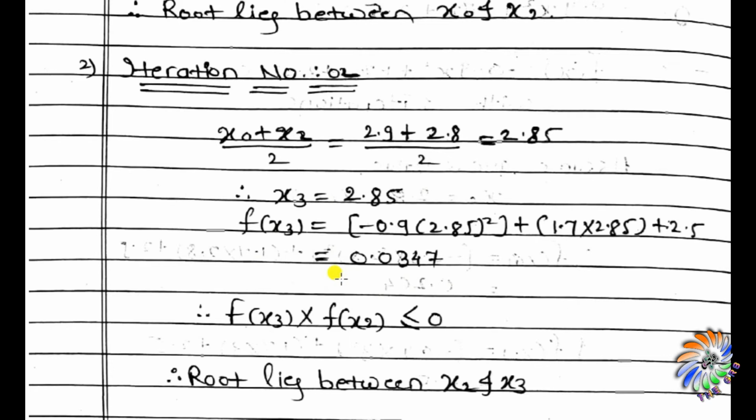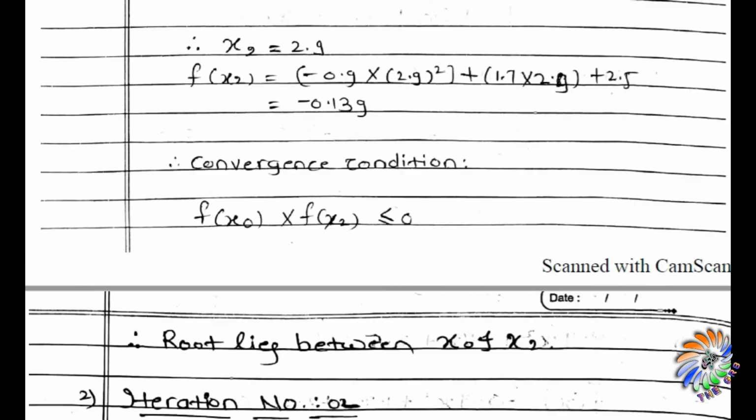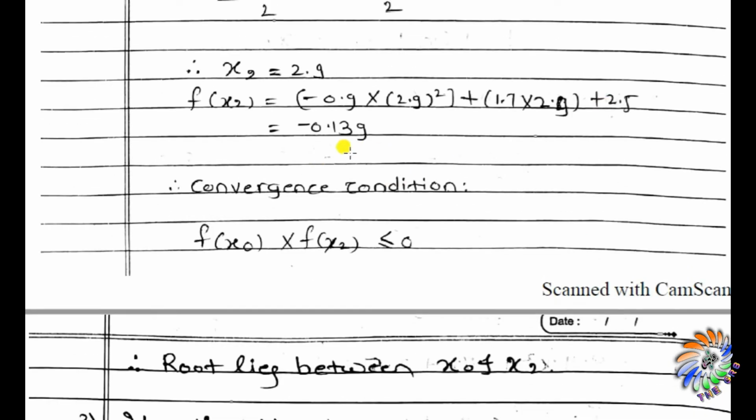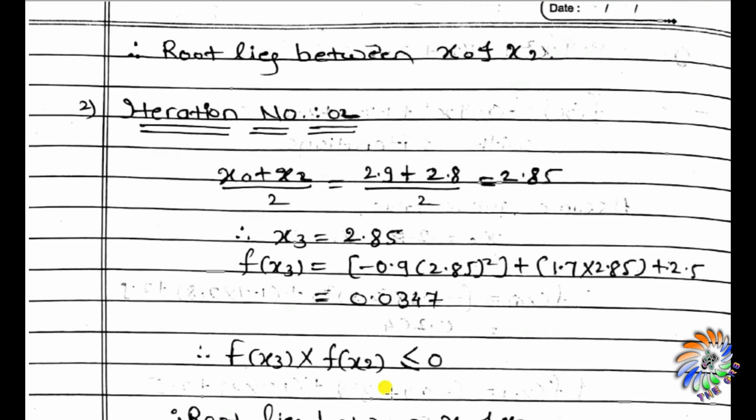The convergence condition is that the product should be negative. So among these two, x0 and x2, which value is negative? We have to see now. The x2 value is negative, you can see here, means f of x2. So f of x3 and f of x2, the product will be negative.